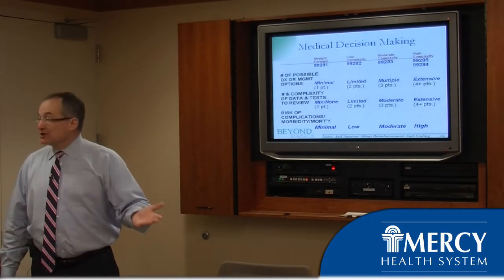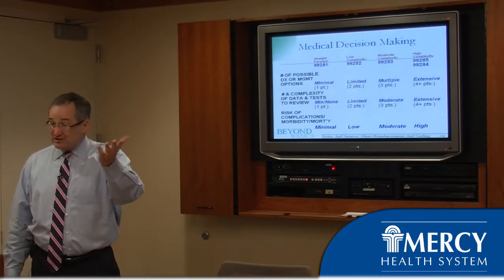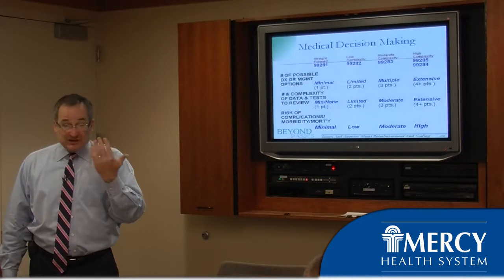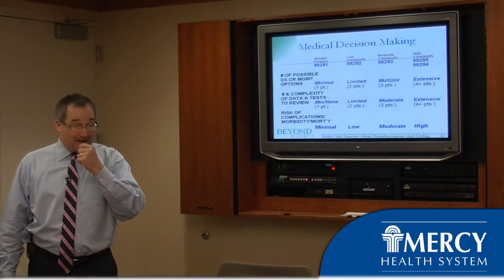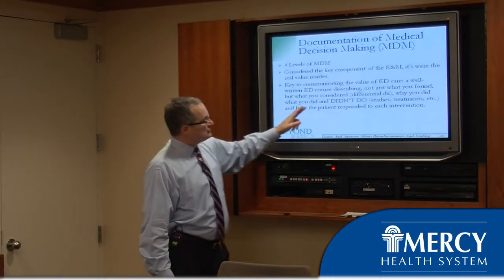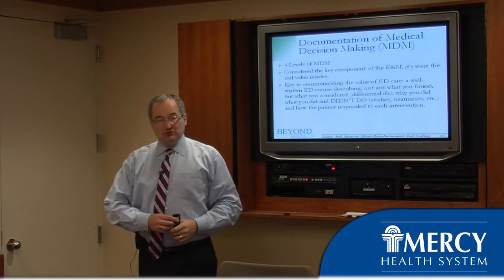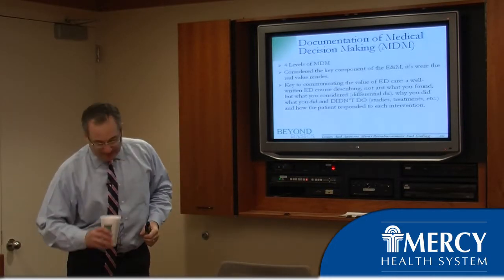I'd like to know that, because that's additional complex diagnostic testing that could have made this a 5. Tell me that you chose not to get it and why. Okay, so tell me what you chose not to do. And then finally, how did the patient respond to your interventions?